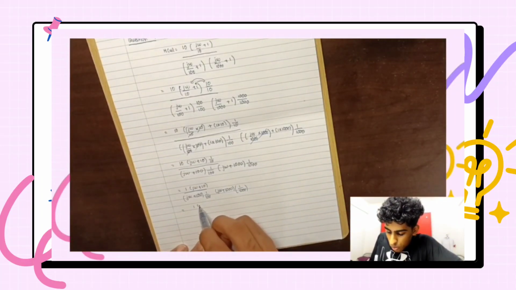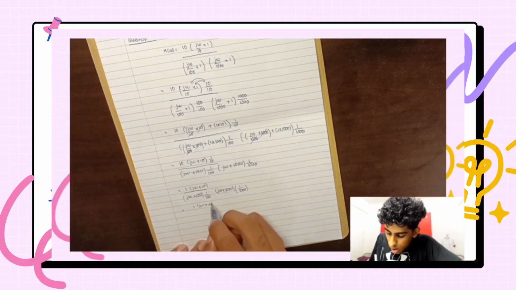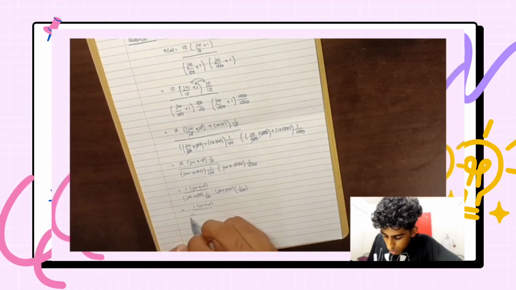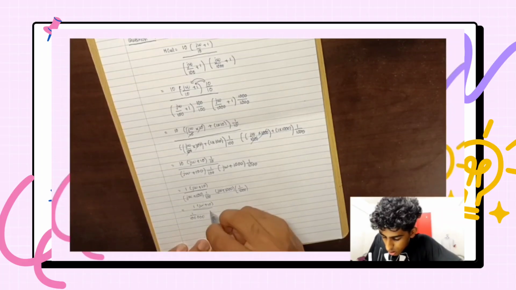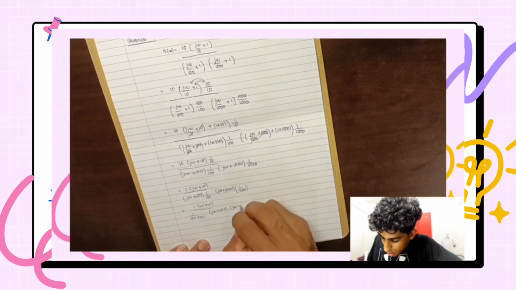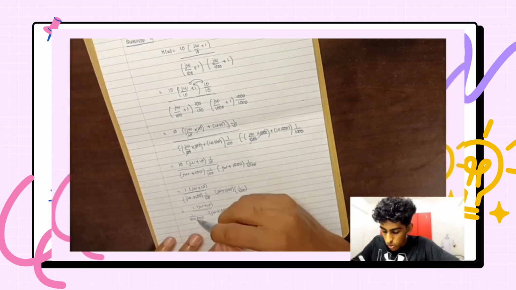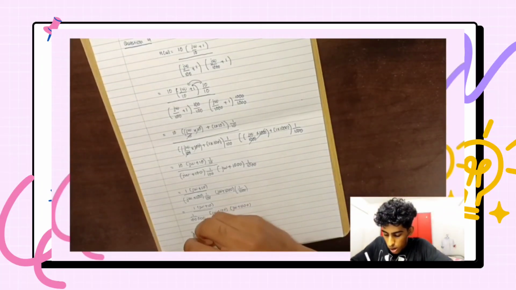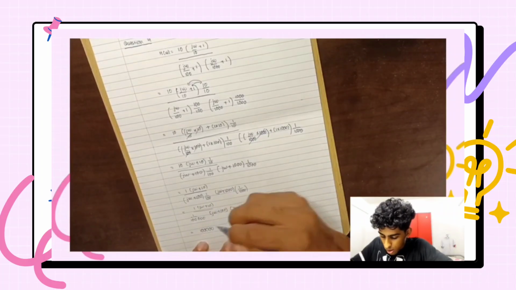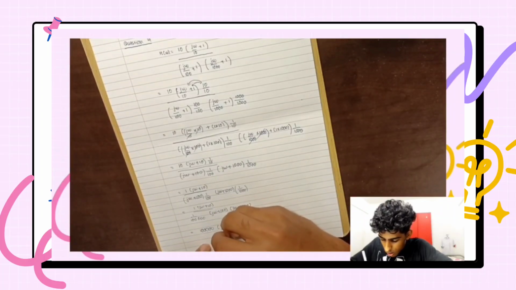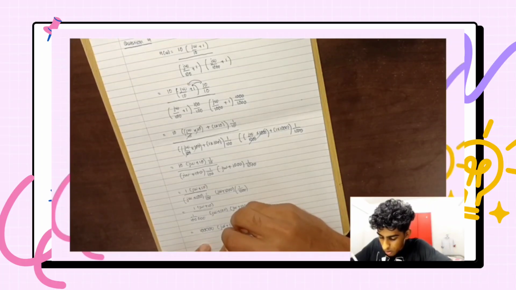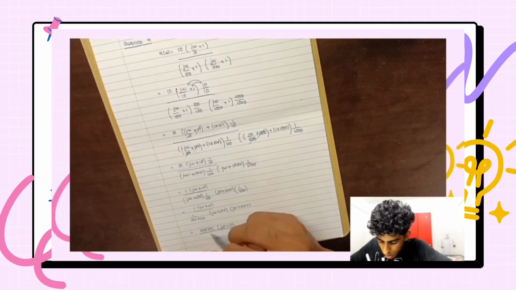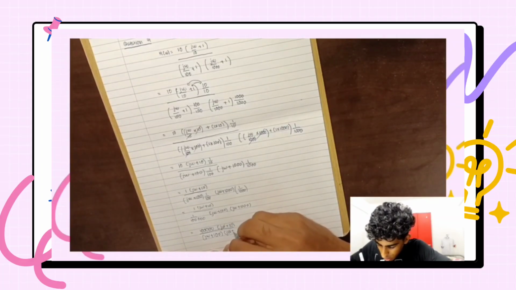Now I will multiply these two. The value will be 1 over 100,000. So here will be 100,000 times j omega plus 10 over j omega plus 100 and j omega plus 1000.